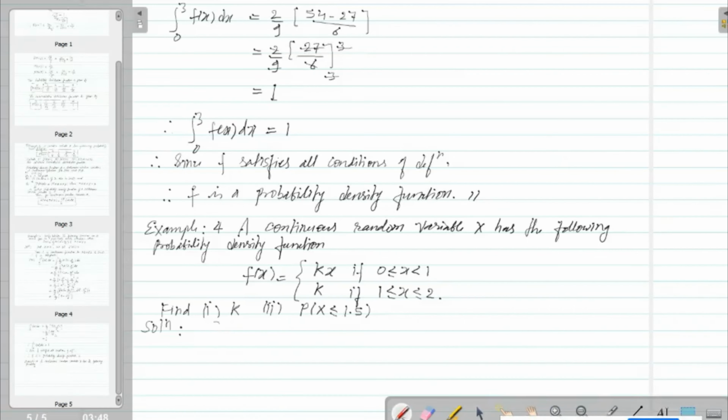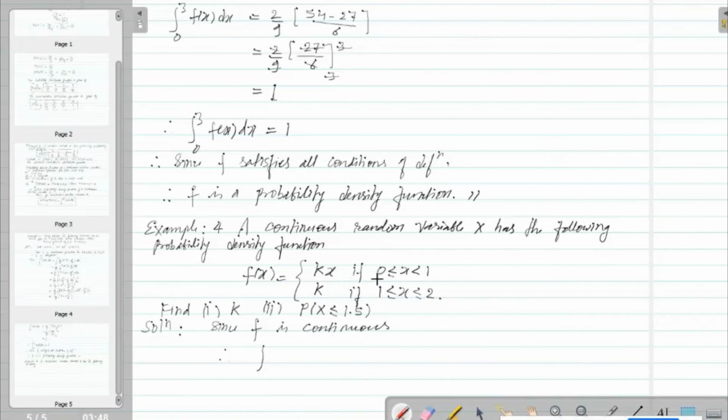So right here, since f is continuous, therefore it must satisfy this criteria. That is, integration over the limits. Here the integration is from 0 to 2.